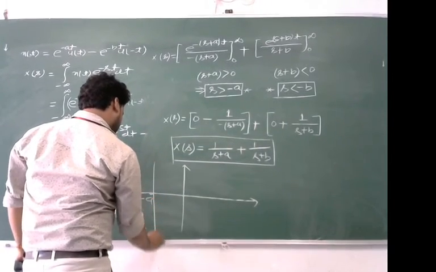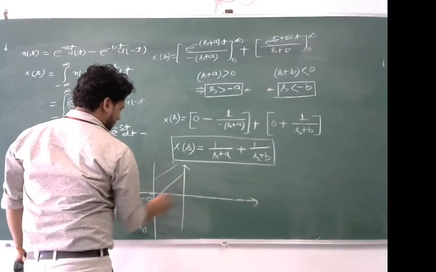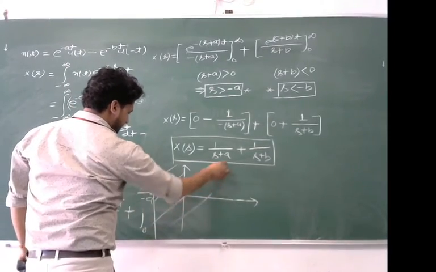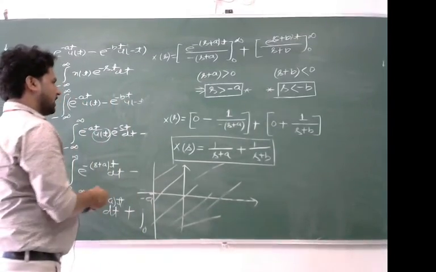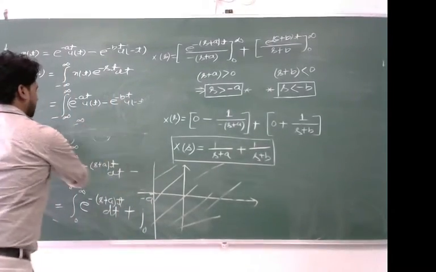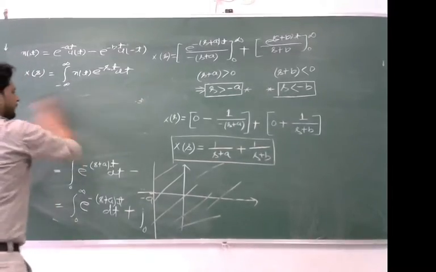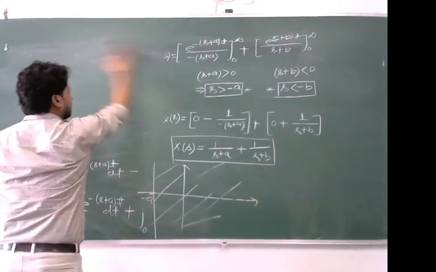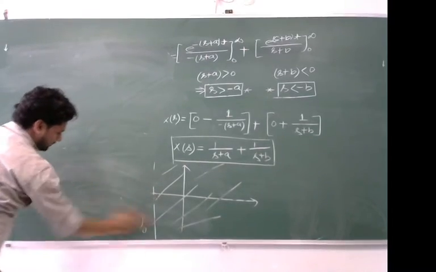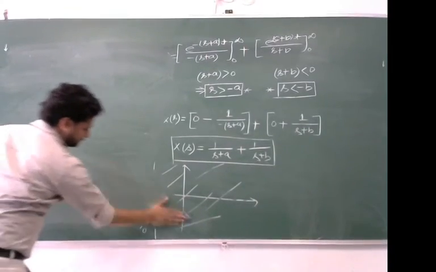So s should be greater than minus a means this region. I will plot in a wide area so that the picture of ROC will become clear.